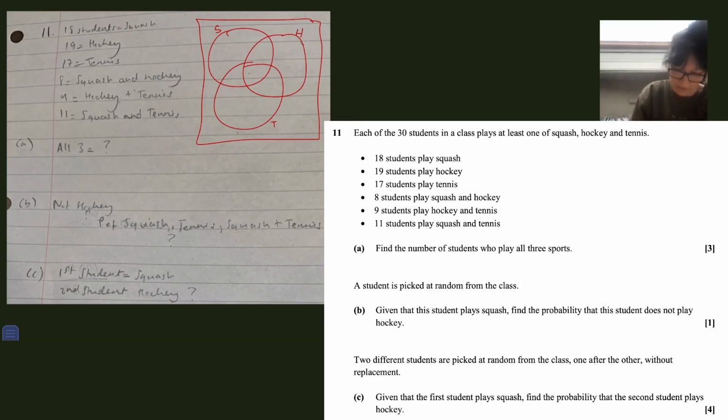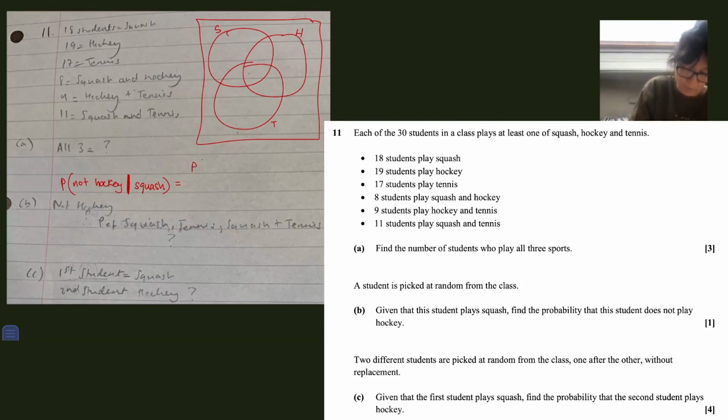So what they've asked for here is the probability that they don't play hockey given that they play squash. Given they play squash, find the probability they do not play hockey. What is the probability of not hockey given squash?